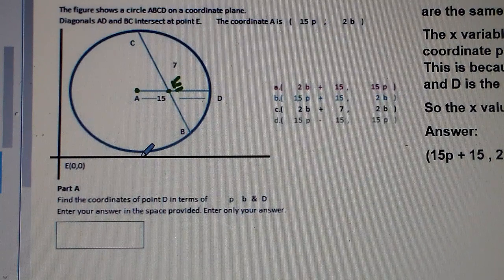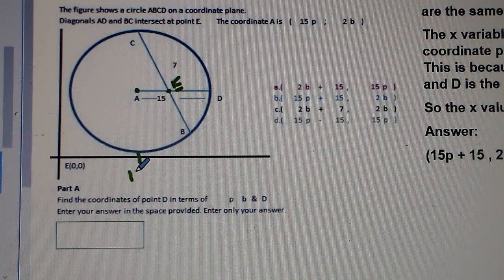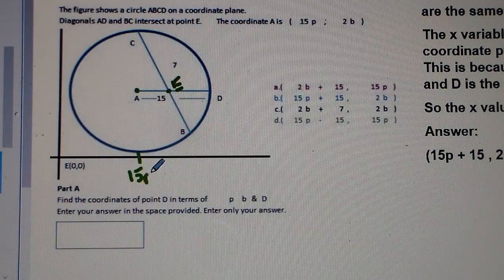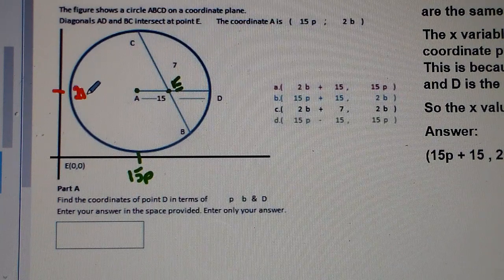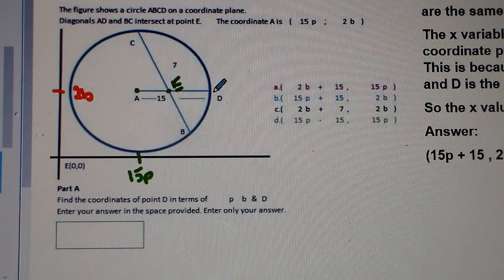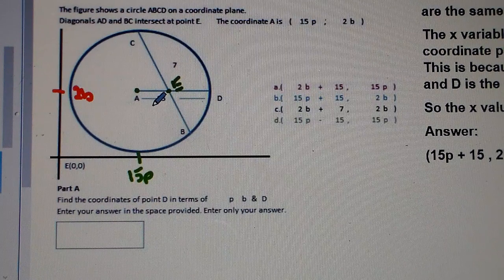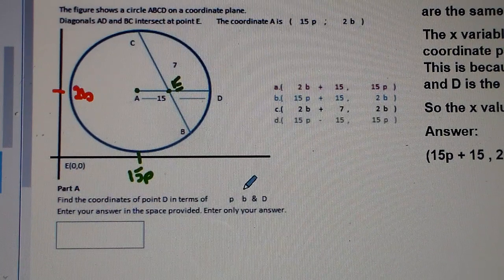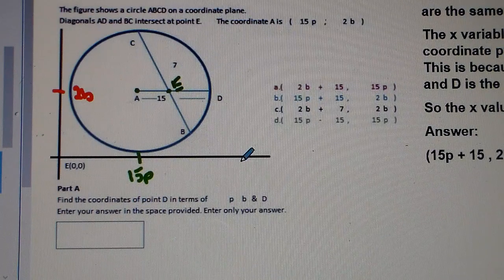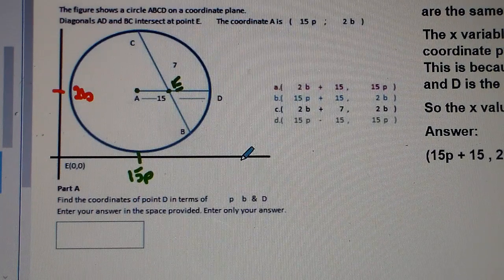So it's 15P to the right, and it has a height of 2B. So the height is 2B. We can see point D is the same height. So our goal here is to find the coordinates of point D in terms of P, B, and D, and enter in the space provided.